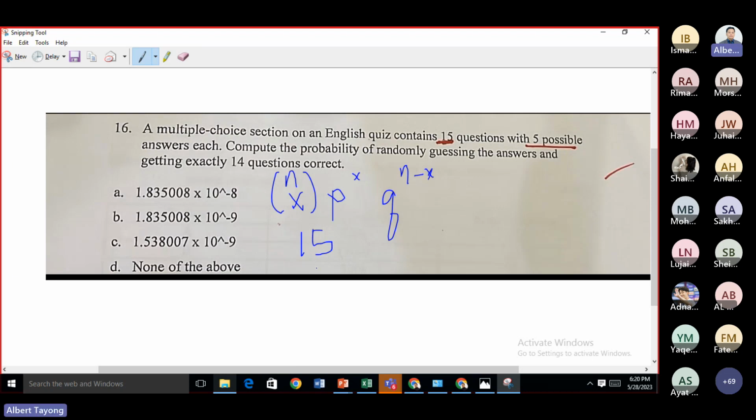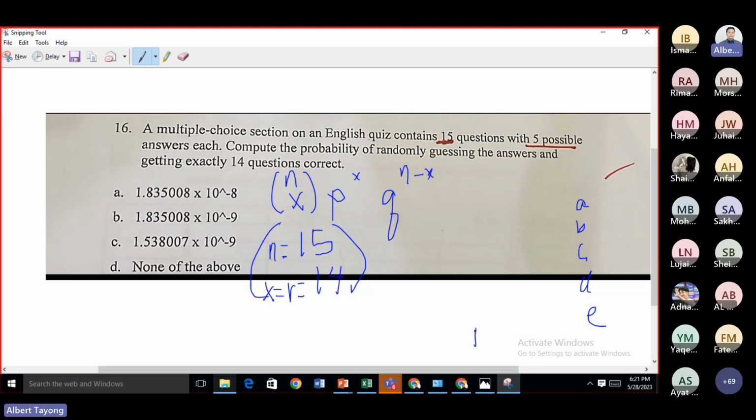So we have 15. Our r is x. Our n is equal to 15. Now here, this is about getting exactly 14 questions correct. So there are 5 possible answers. Of course, for example, 5 options A, B, C, D, and E. Only one is correct, right?